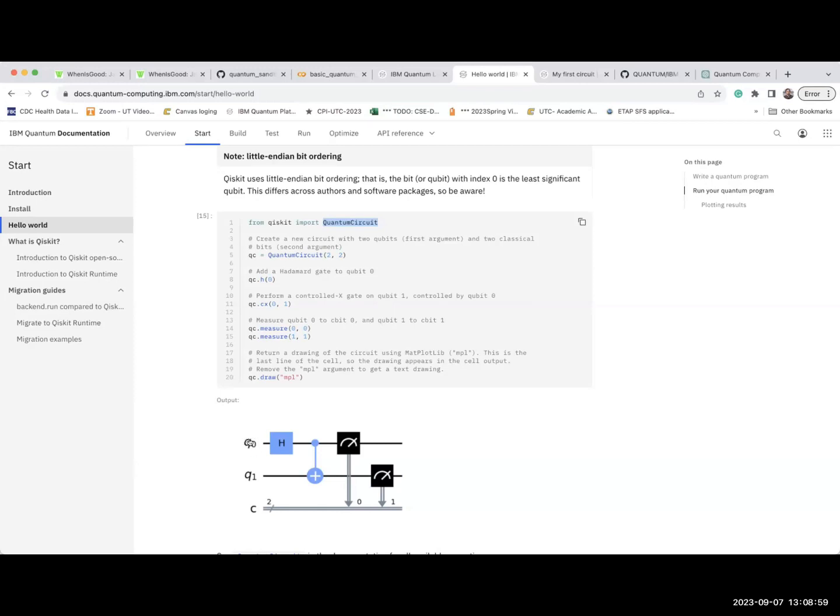So we have two qubits here, 0 and 1, and we first apply a Hadamard gate, which gives a superposition. Then we apply a so-called controlled gate using qubit 0 as a control on the Q1 state.